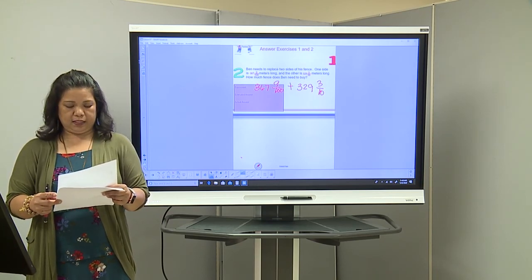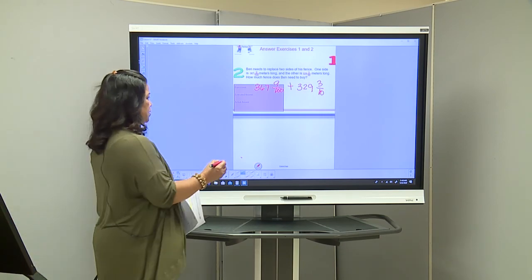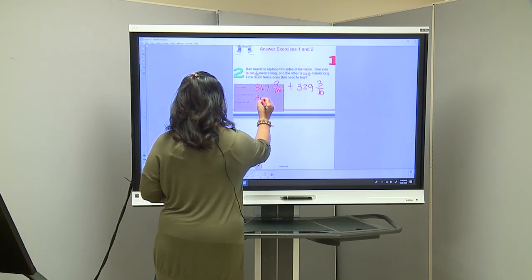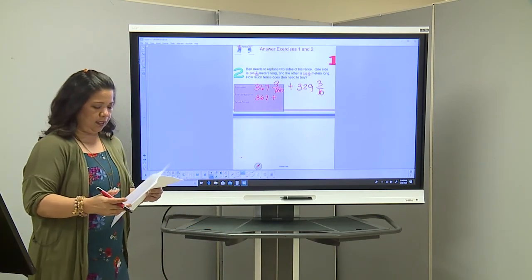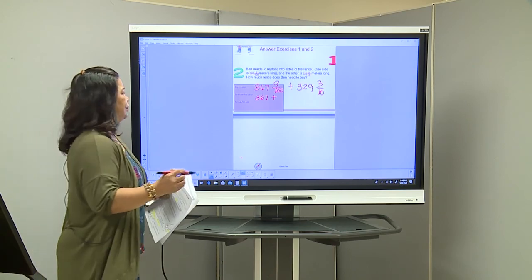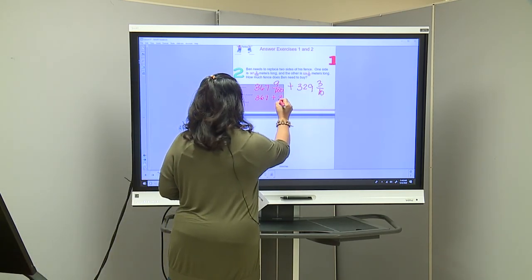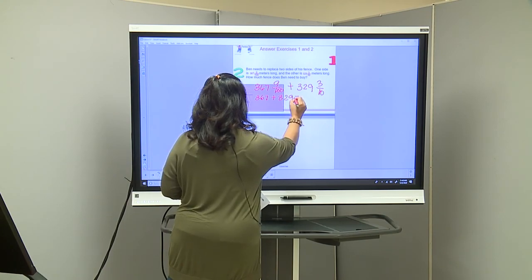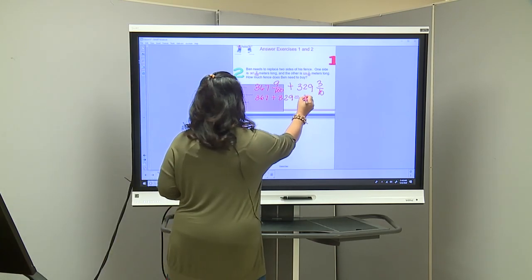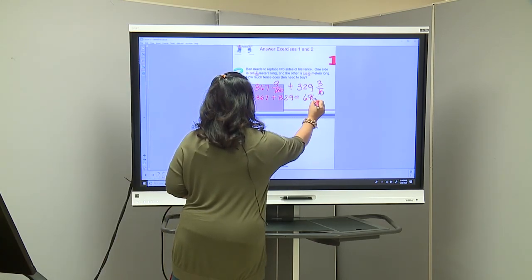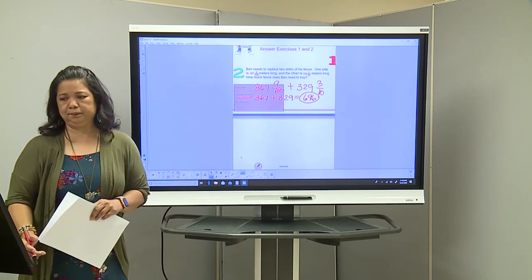What is the best estimate for 367 and 900ths? Yes, 367. What about 329 and 3/10? Okay, 3/10 is less than half, so 329. So you add those two together, you get 696. So this is our estimated sum.